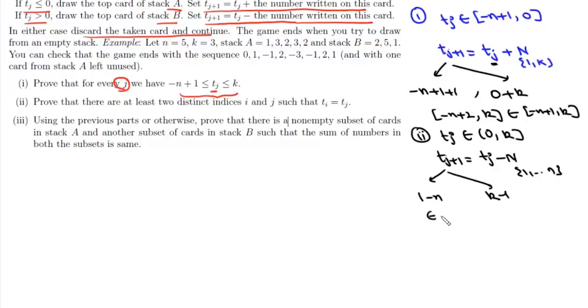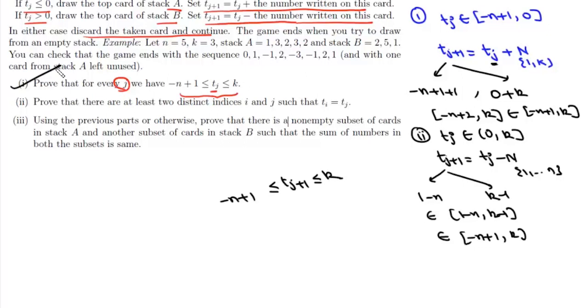So this tj plus 1 lies in the interval 1 minus n to k minus 1, which lies in the interval minus n plus 1 and k. So for both the cases, this tj plus 1 is greater than or equal to minus n plus 1 and less than or equal to k. So from induction, we can say that this is true for every j.